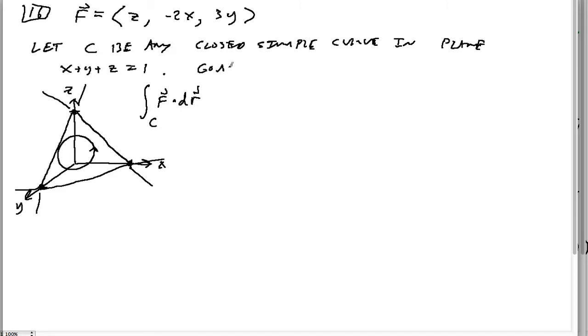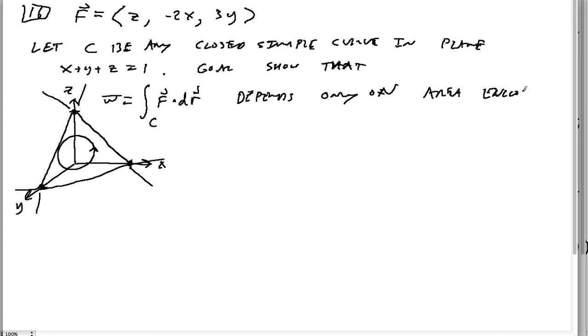The goal was to show that this work integral depends only on the area enclosed by C. So I'll put A in there, all that area there.